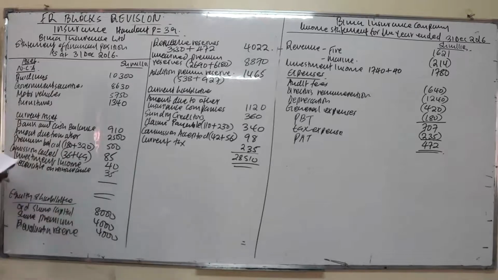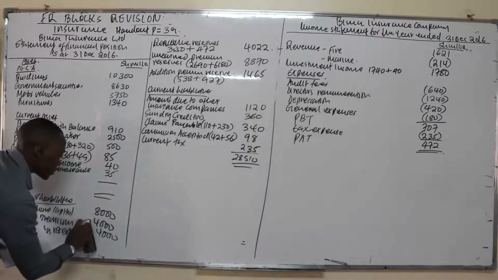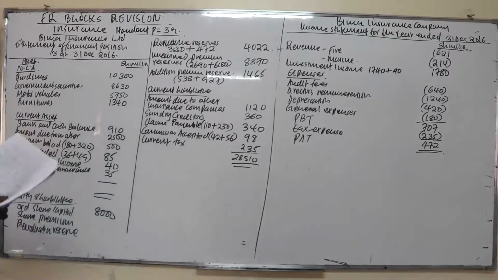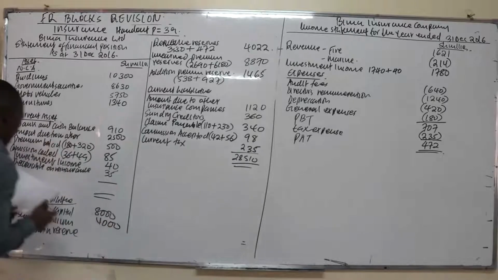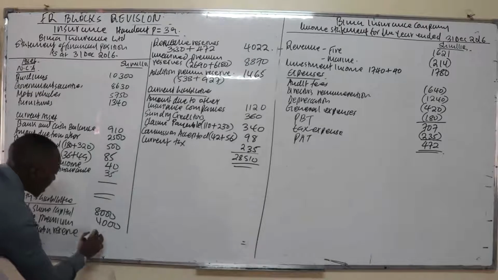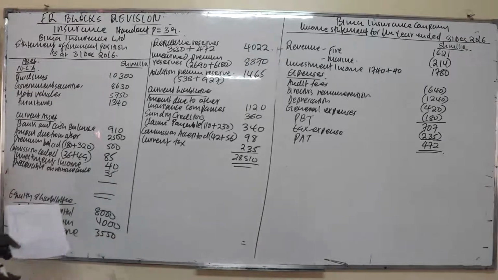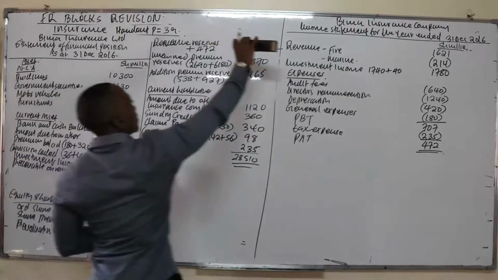So how much was the share premium? Sorry. Actually, here we missed. Share premium was supposed to be 4,000. Then revaluation reserve was 550. That means our revenue reserve is wrong.